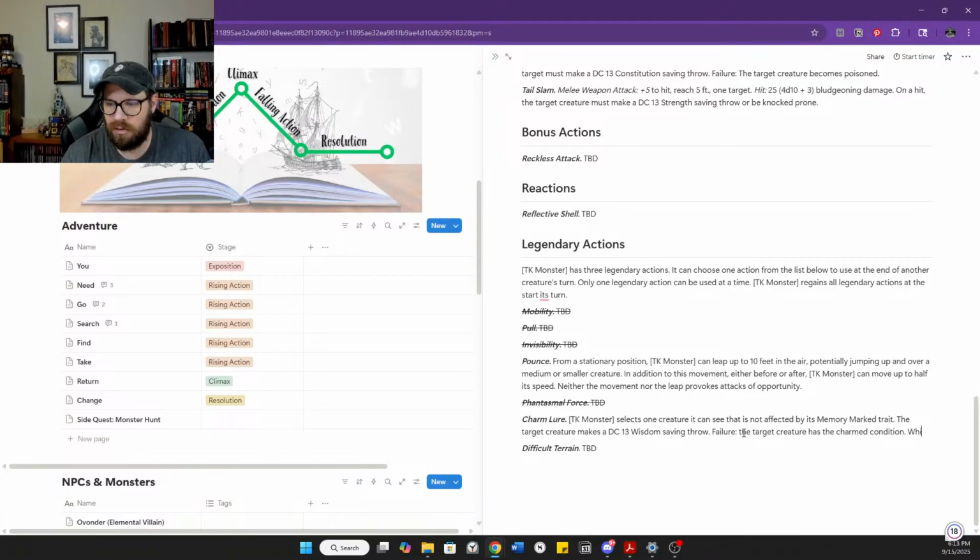While charmed in this way, it must use all of its movement and action on its turn to move as close to TK Monster as possible.